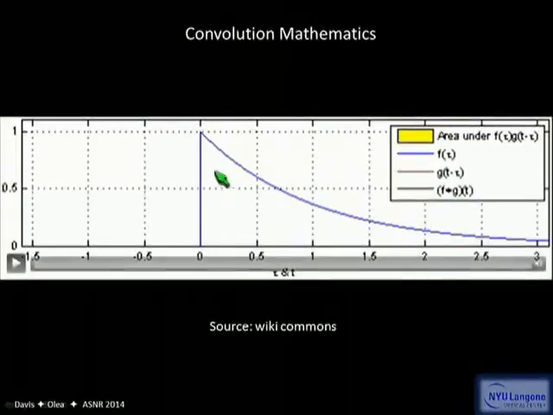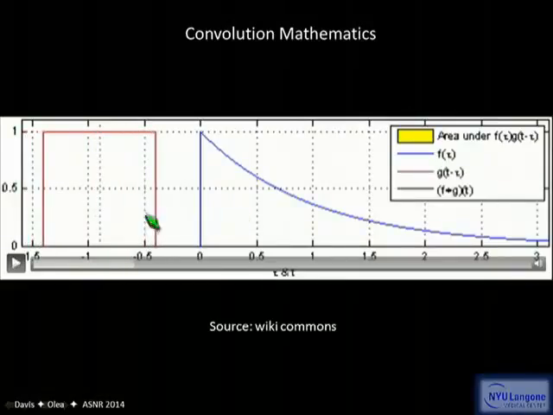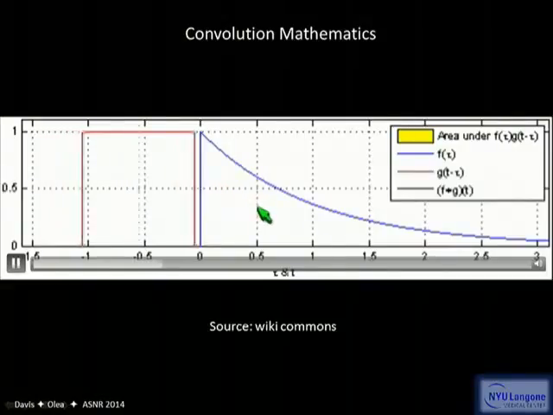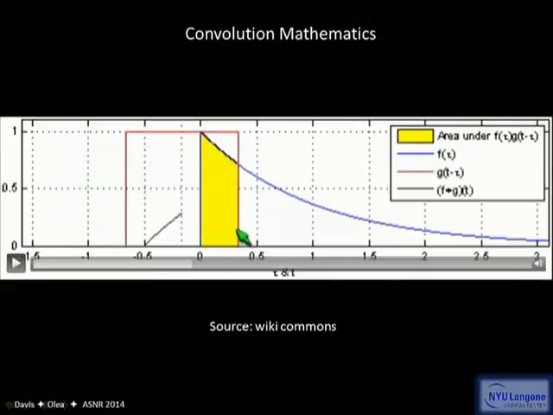So you can consider this one the tissue concentration curve, and you can consider this second curve coming in to be the arterial input function. This is just an example. These aren't true curves. What deconvolution and convolution mathematics do is they take one curve, translate it through the other. And we can see here's the area underneath the two curves as you move one through the other.